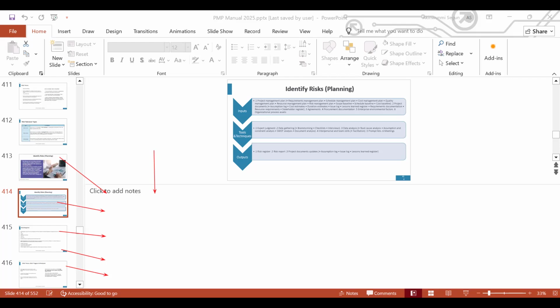Another thing you do when you identify risk is identify the trigger, and a trigger is anything that indicates that a risk event is likely going to happen soon. The weather forecast can trigger if it's going to rain in April.